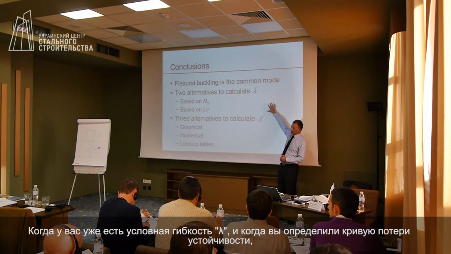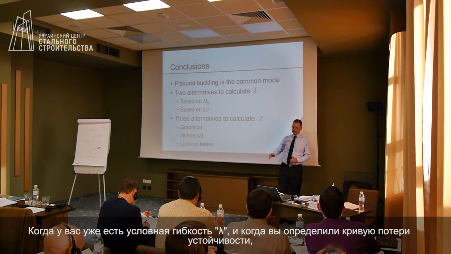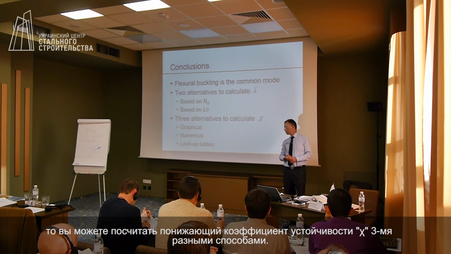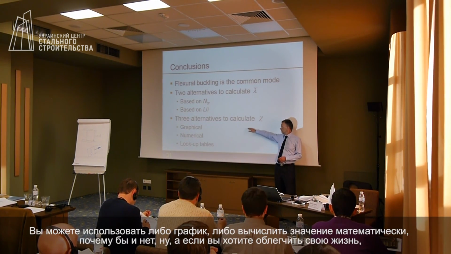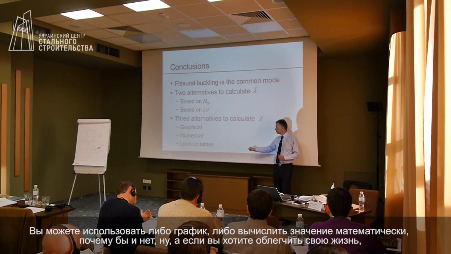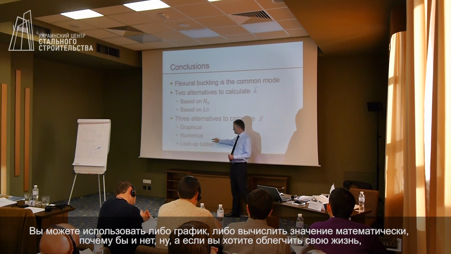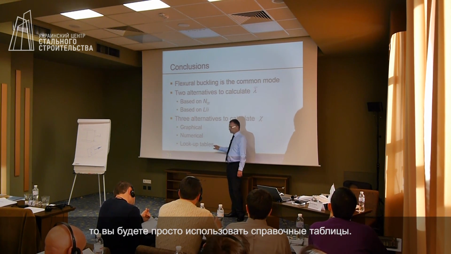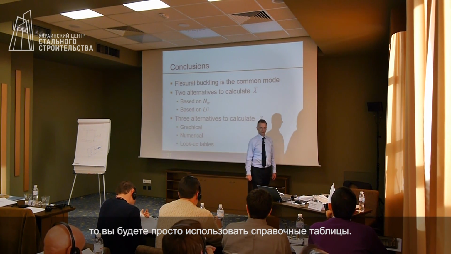Once you've got the slenderness and once you've identified the curve, then you have three ways then to calculate the reduction factor. You can use the figure, a little bit imprecise, I believe. You can be mathematical, why not? If you want an easy life, you would use the lookup tables.